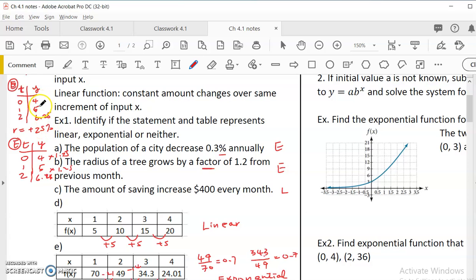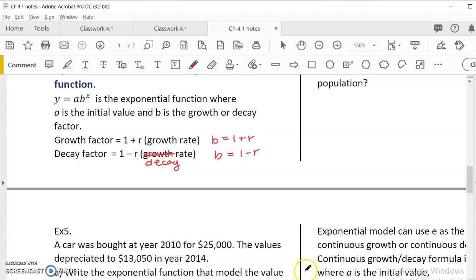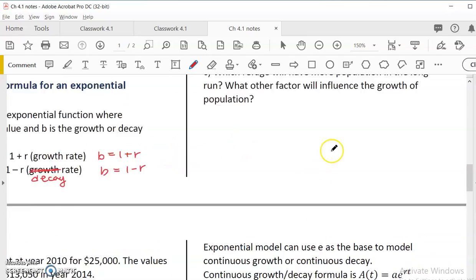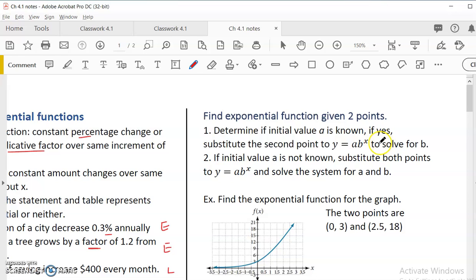I increase by 1, which is 25% of 4. I increase by 1.25, which is 25% of 5, right? Like that. So just remember, b is equal to 1 plus r for growth, b equal to 1 minus r for decay. So if you look at the b value, you can figure out the constant percentage.